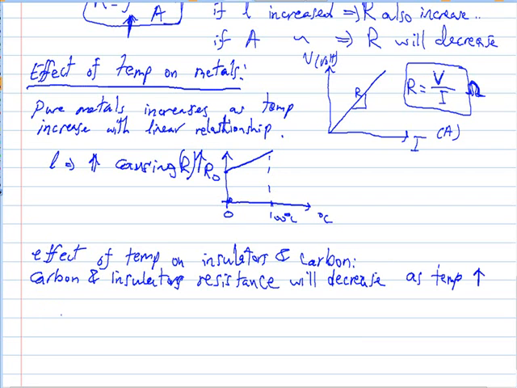But what if we have alloy metals? For alloys, R increases with an unknown rate, or sometimes it doesn't change.